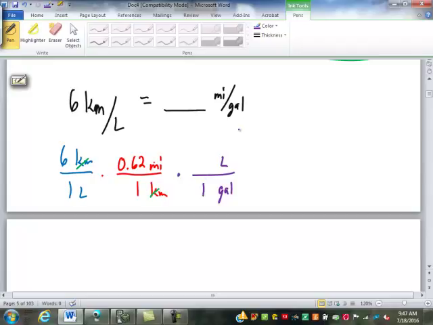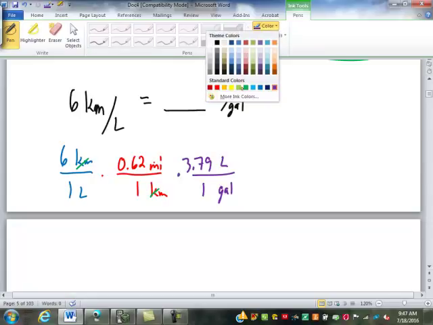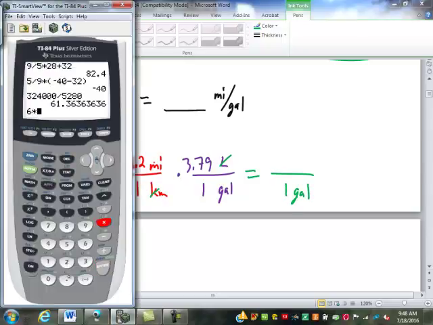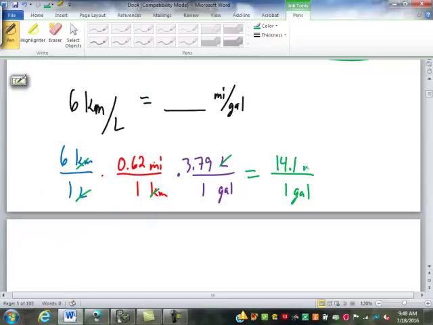I want 1 gallon is 3.79 liters. So now my liters have canceled. On bottom, I just have 1 times 1 times 1 gallon, so that's just 1 gallon. On top, I have 6 times 0.62 times 3.79, which is 14.1, we'll round it, miles. So that's 14.1 miles per gallon.